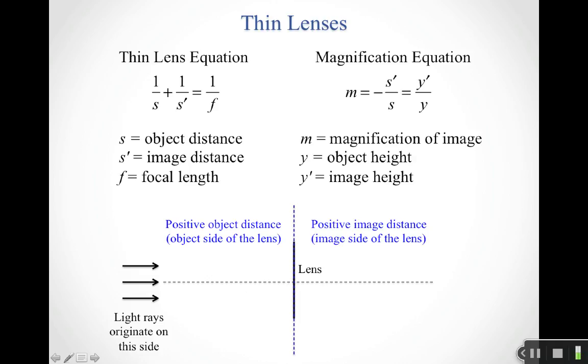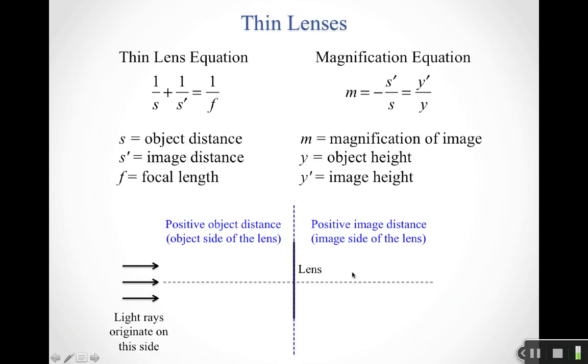So images that form on the object side have a negative image distance. Images that form on the image side have a positive image distance. So what sign your image distance has is literally based on which side of the lens the image forms on.